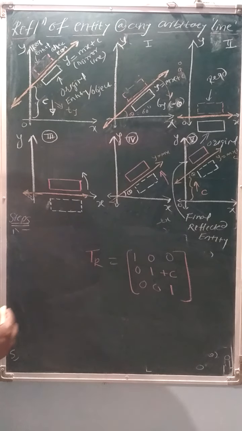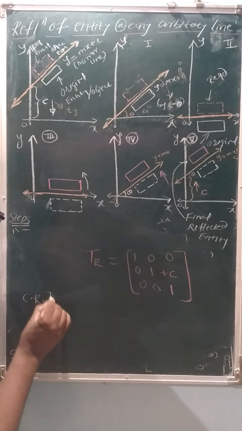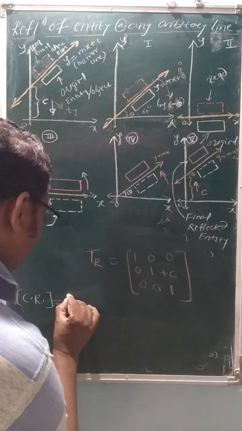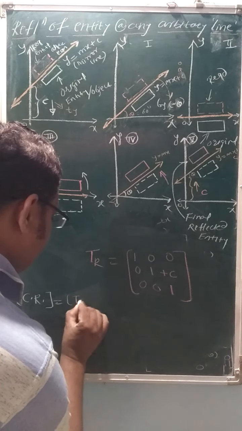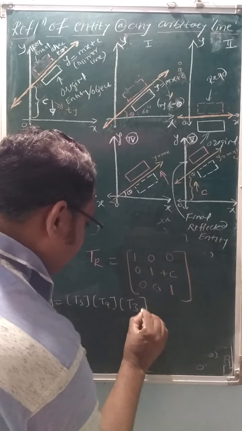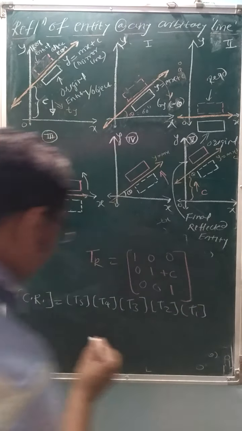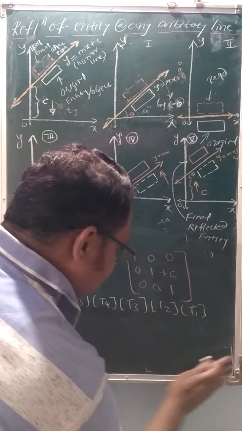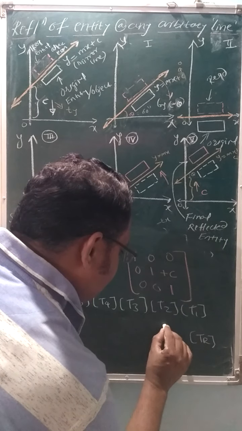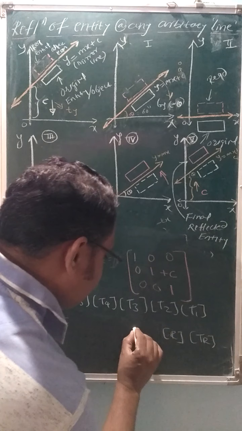So the final CT matrix, or concatenation matrix, will be the combination of a total of 5 matrices: T5, T4, then T3, T2 and T1. In our case, T1 is the translation matrix, first step. Then T2 was the rotation matrix.